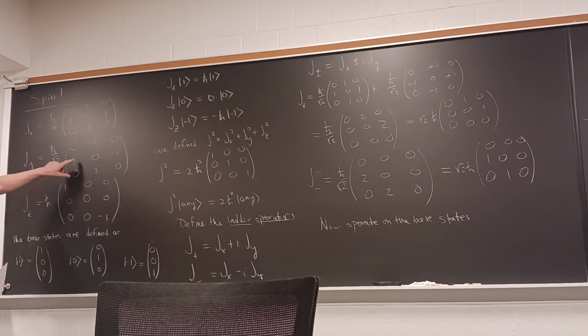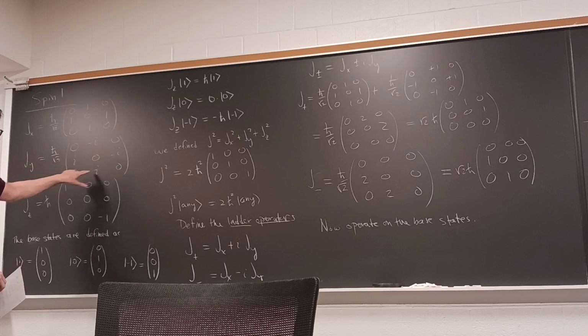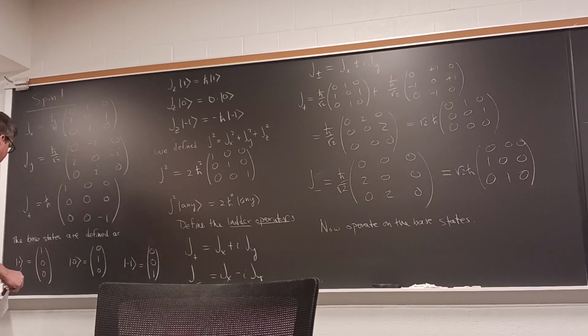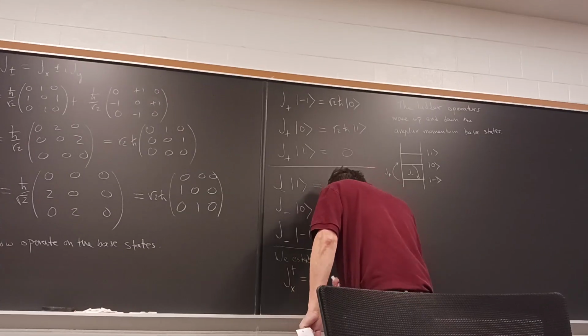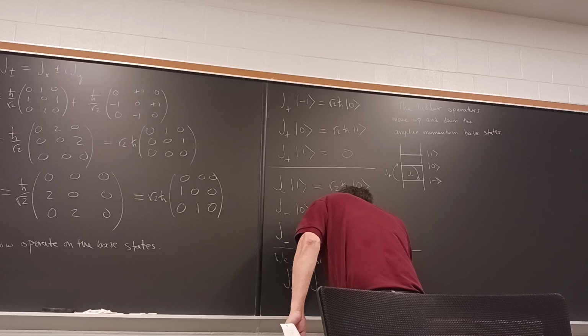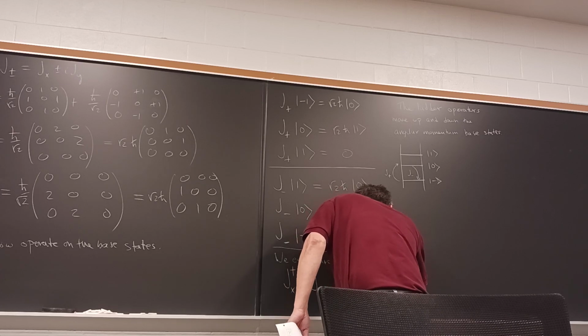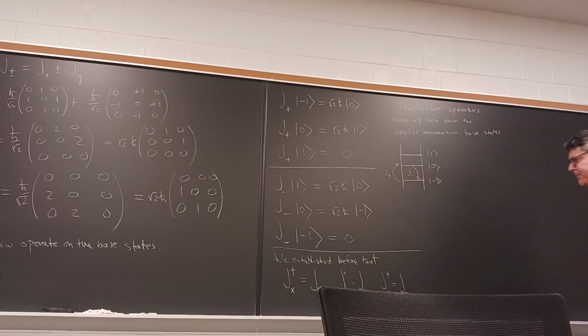But for Jy, it's correct also, because when you swap these i's over here and then you conjugate, you'll get the same matrix back. And then Jz is again obviously Hermitian. So we have these operators here are Hermitian.